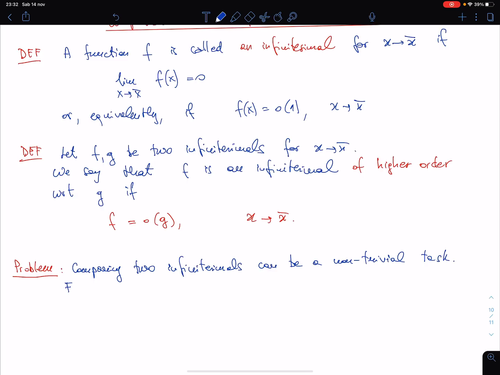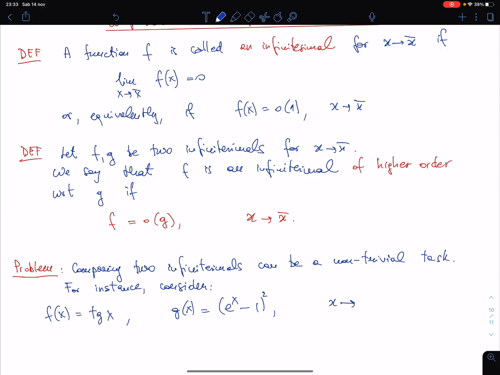So, for instance, consider these two infinitesimals. f of x is equal to the tangent of x, and g of x is equal to (e to the x minus 1) squared, for x going to 0. Sorry, this 2 is very horrible.